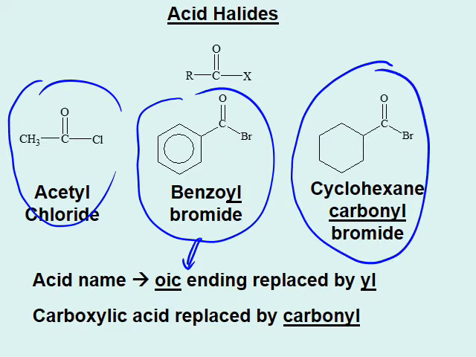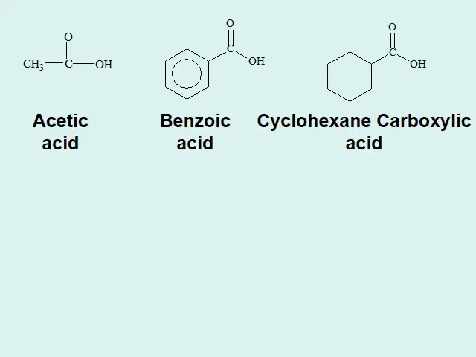Corresponding acid name is cyclohexane carboxylic acid. So these are the acids. Acetic acid gives you acetyl chloride, benzoic acid gives benzoyl chloride or bromide, and then cyclohexane carboxylic acid would also have a similarly named derivative close to its acid.